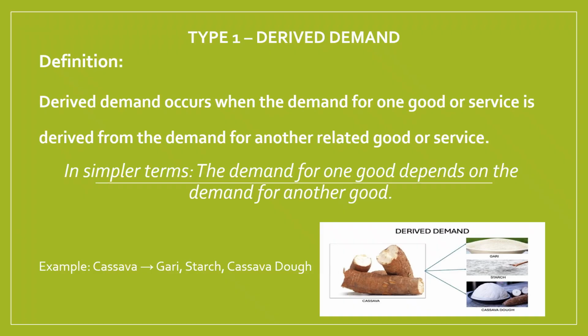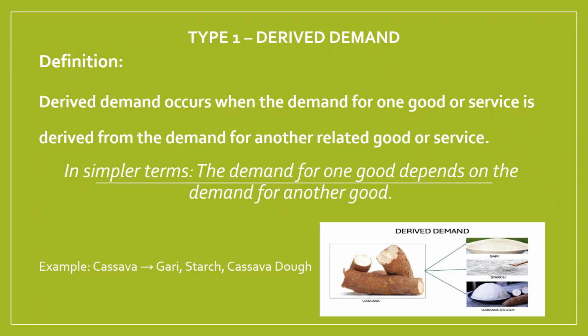Now, as you go through the 4 types that we have considered, the first one is type 1, derived demand. That's why we have cassava, and you derive dough from it, cassava dough, starch, and that of garri.